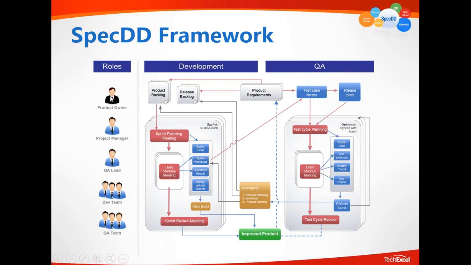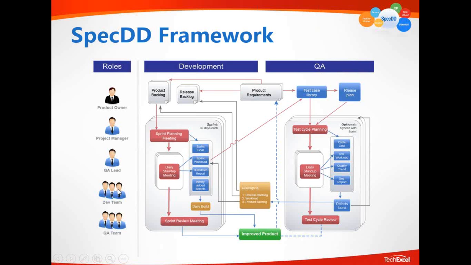So let's talk about each of the team members. The Agile team here represented is the development team. It could be multiple development teams. And the QA team is the QA regression team. Within the Agile team, don't forget, we also have QA members who join the Agile team.